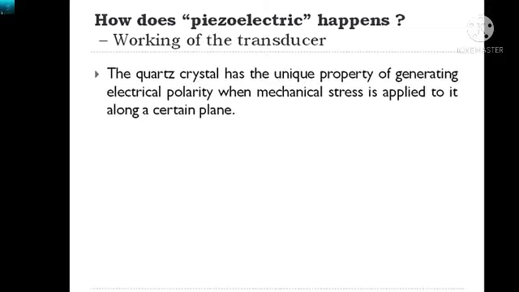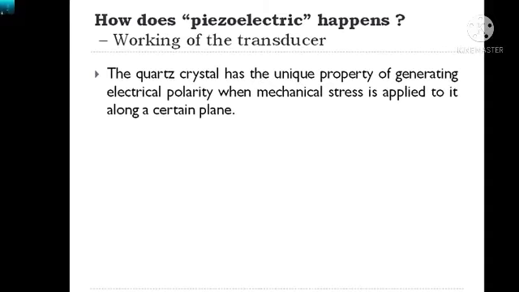It's because of this quartz crystal, which has the unique property of generating electrical polarity when mechanical stress is applied to it along a certain plane. What does this electrical polarity mean? Electrical polarity means positive and negative charges are formed on opposite sides of the crystal whenever mechanical stress is applied.